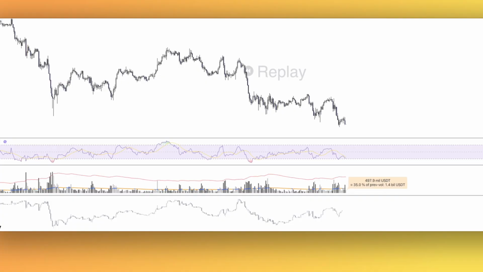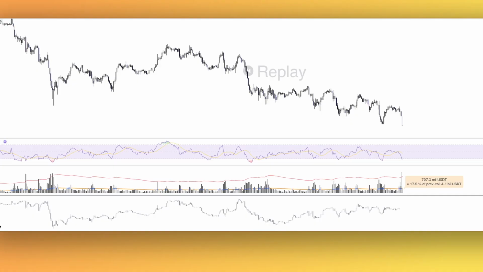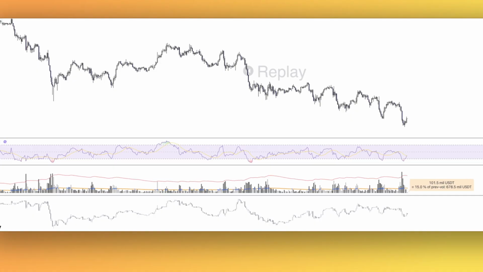And we continue to go down at very, very high levels of open interest and of volume. Price is actively being pushed down with longs exiting the market, shorts entering the market, and high volume supporting this direction.